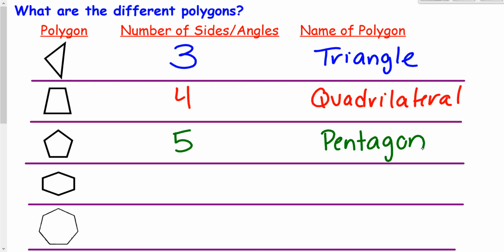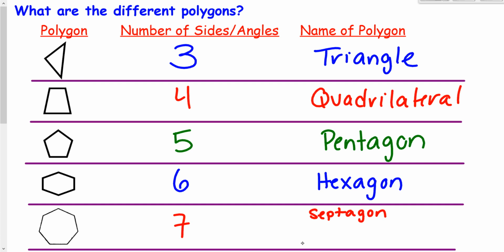A 6-sided shape is known as a hexagon, while a 7-sided shape has 2 names. It's either referred to as a septagon or a heptagon.